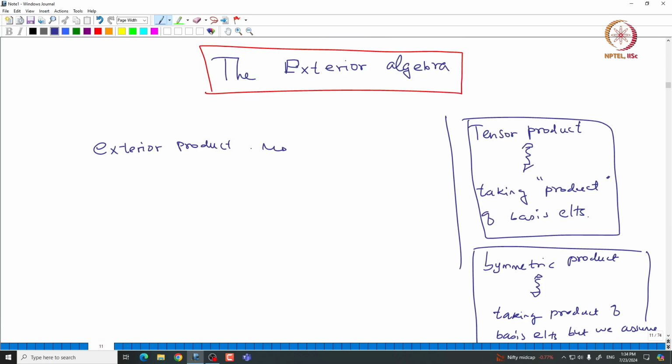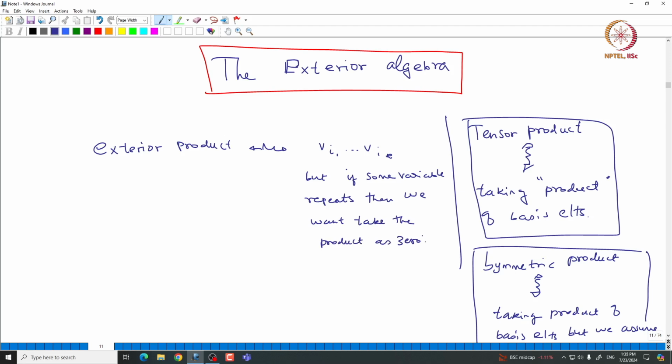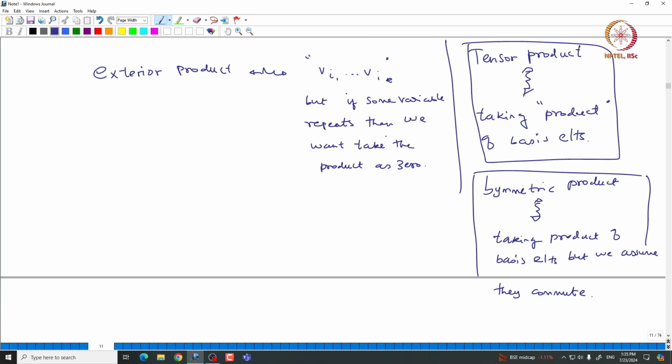This is in some sense the way you want to think: you are taking the product of Vi1 etc. Vik, but if some variable repeats, then we want to take the product as 0. So we don't want V times V; V squared should be 0.